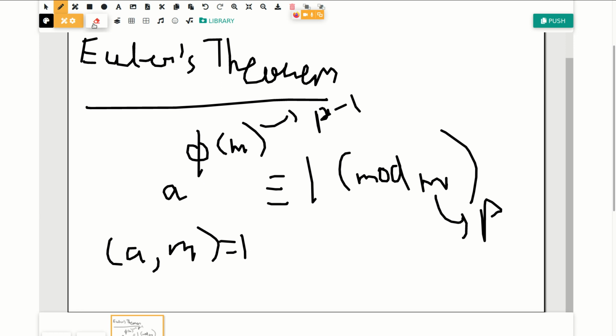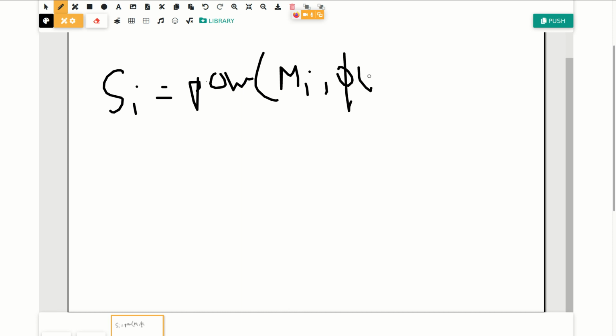I guess everyone can see now that if you know this theorem and you have the totient values pre-calculated, you don't need to use the extended Euclid GCD method to calculate the inverse values, the si values for CRT. The si values for CRT could just be calculated as power of capital Mi, phi of small mi minus 1.